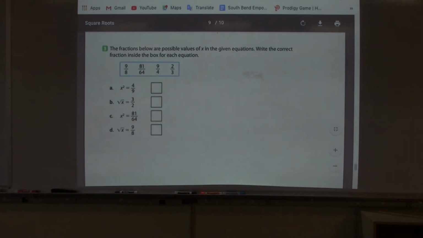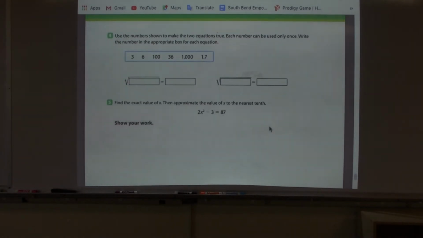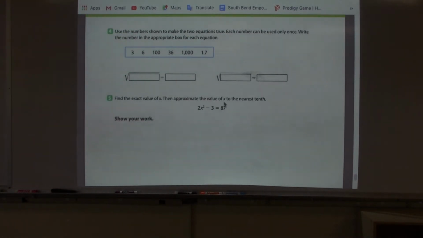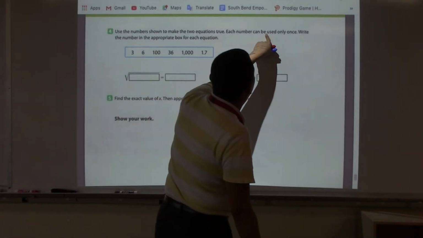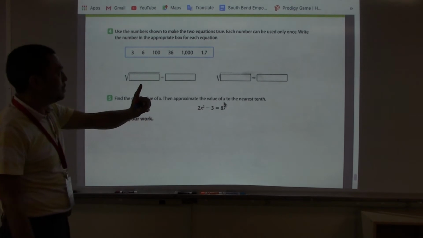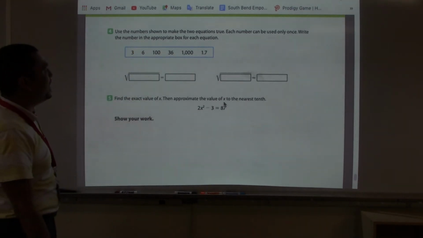That's page 21. Page 21. Let me move this one. So I have, use the numbers shown to make the two equations true. Each number can be used only once. Write the number in the appropriate box for each equation.